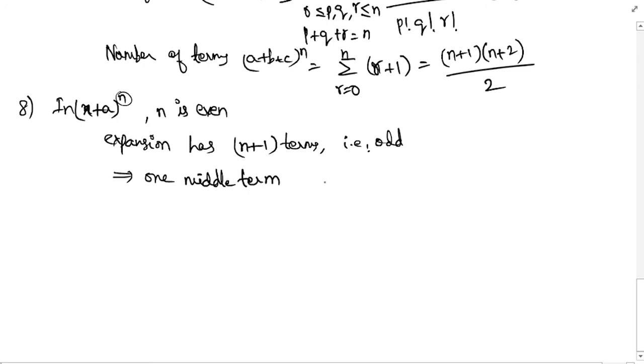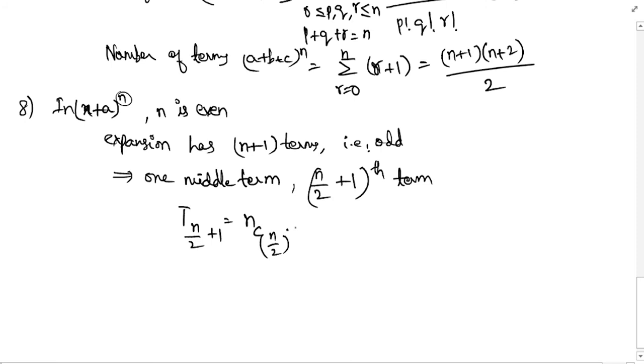How to find that middle term? It is the (n/2 + 1)th term. We have a formula: t_(n/2+1) = nC(n/2) x^(n/2) a^(n/2). Okay, so this is the formula to find the middle term.